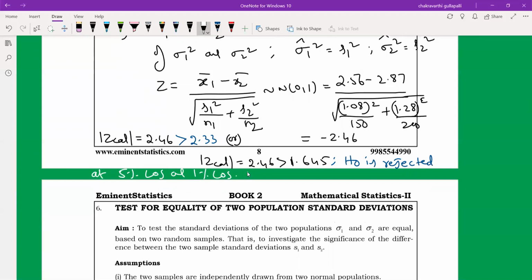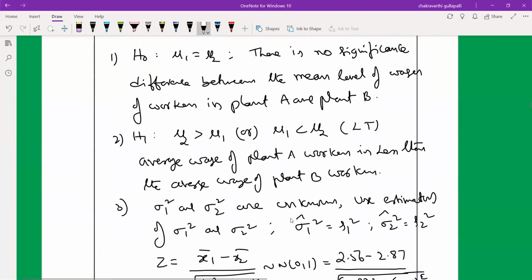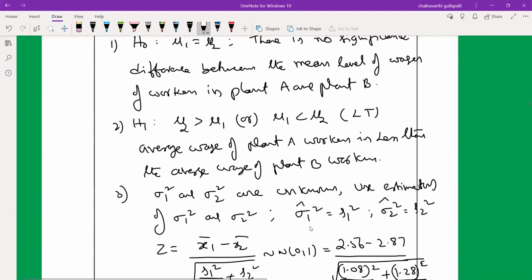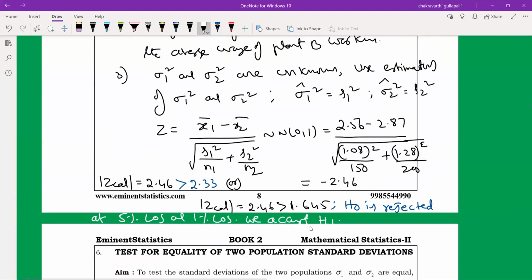That is, we accept H1, the alternative hypothesis. What is the alternative hypothesis? The average wage of plant A workers is less than the average wage of plant B workers, or the average wage of plant B workers is more than the average wage of plant A workers. That is the alternative hypothesis.